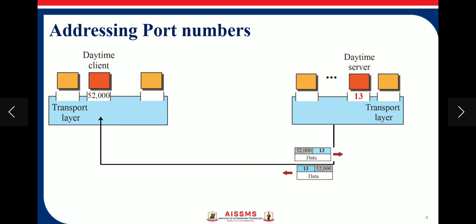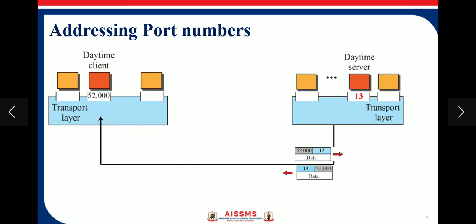For example, while the daytime client process, a well-known client program, can use an informal port number 52,000 to identify itself, the daytime server process must use the well-known port number 13, as shown in the diagram.